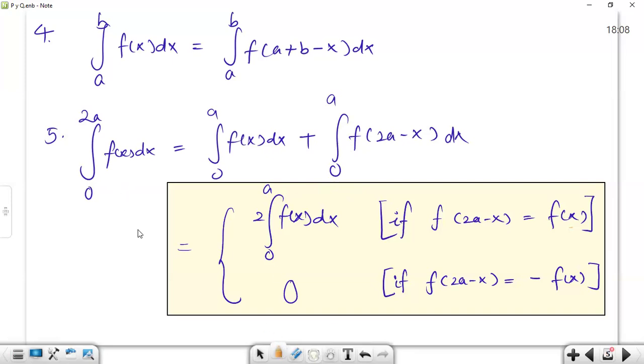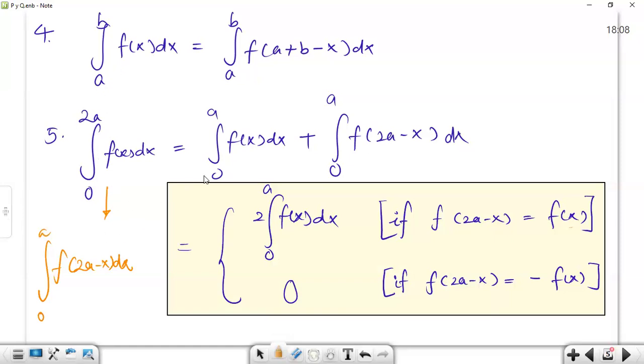So what we are doing here is replacing x with 2a minus x, with limits 0 to a. We can rewrite the given function as this, using the above property only.